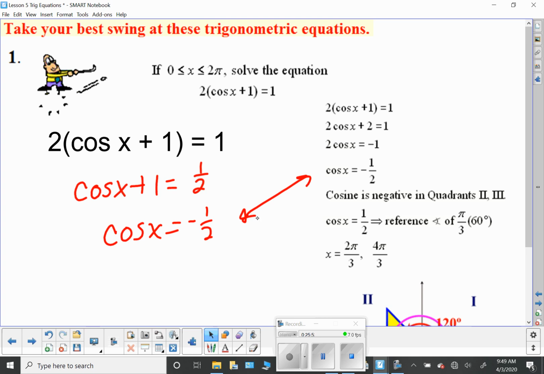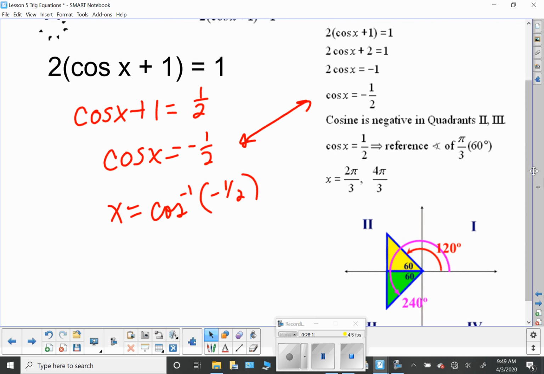So it really doesn't matter which way you went. Now you simply have to take x equal to the inverse cosine of negative 1/2, and you wind up with 2 pi over 3 and 4 pi over 3. And again, pause the video and look at the work.